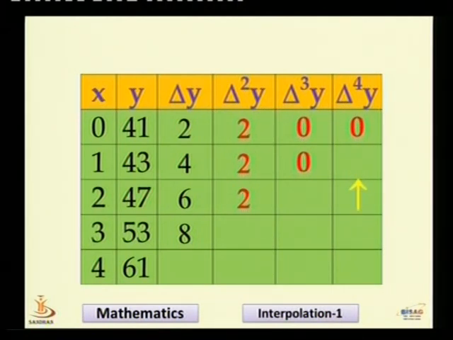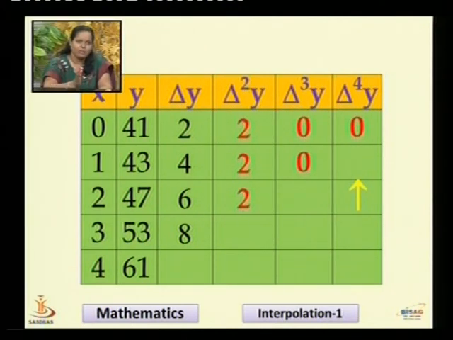The reason is that the delta square column is constant, 2, 2, 2. If you subtract the same numbers, the answer you get will be 0. So it remains constant and all the other things turn out to be 0.